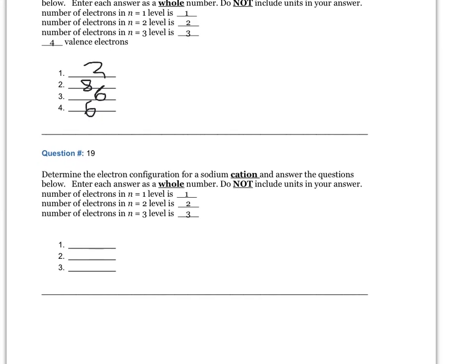Question 19. Determine the electron configuration for a sodium cation and answer the questions below. Enter each number as a whole number. Do not include units in your answer.